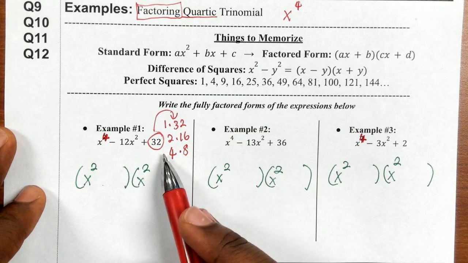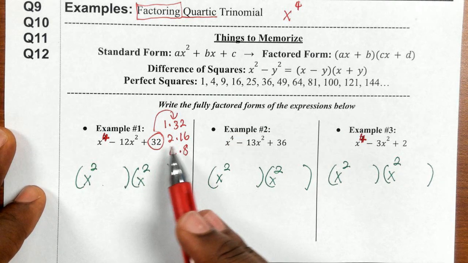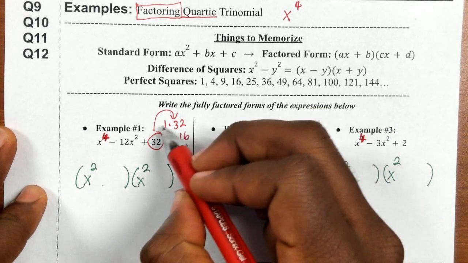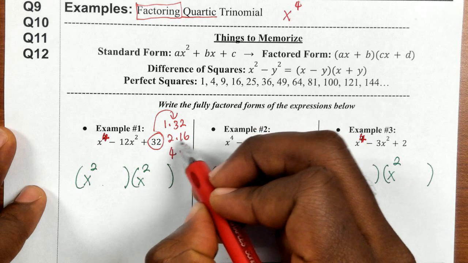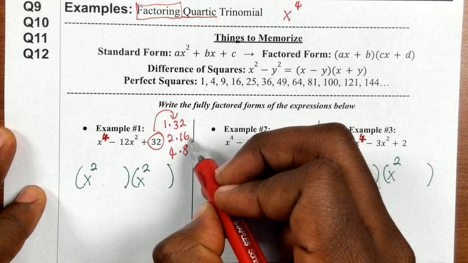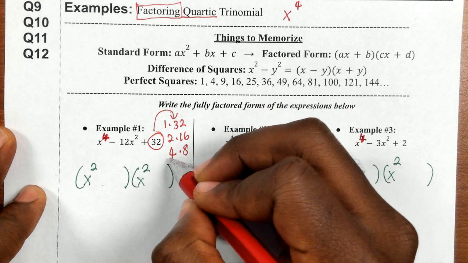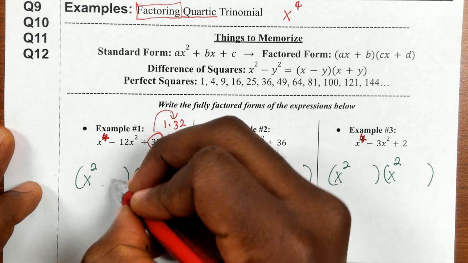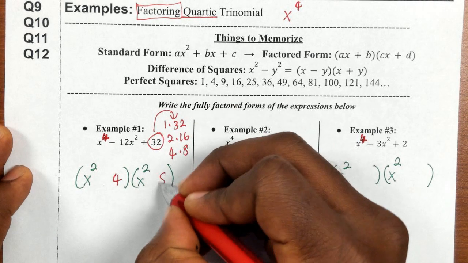Now I need to figure out what pair would add or subtract to give me 12. Well, 1 and 32 won't work. 2 and 16 won't work because that would either give me 18 or 14. So 4 and 8, 4 plus 8 is 12. So I would use the 4 and 8.